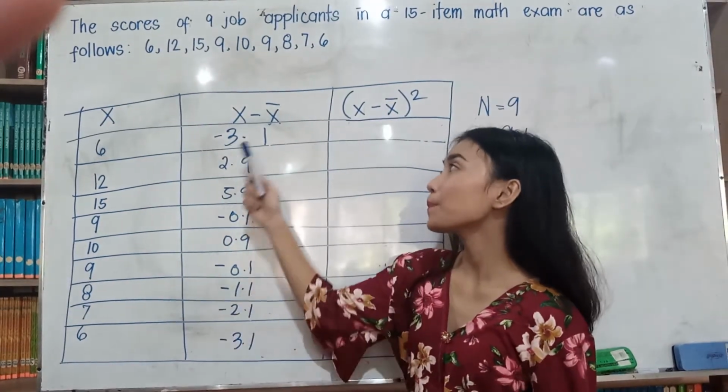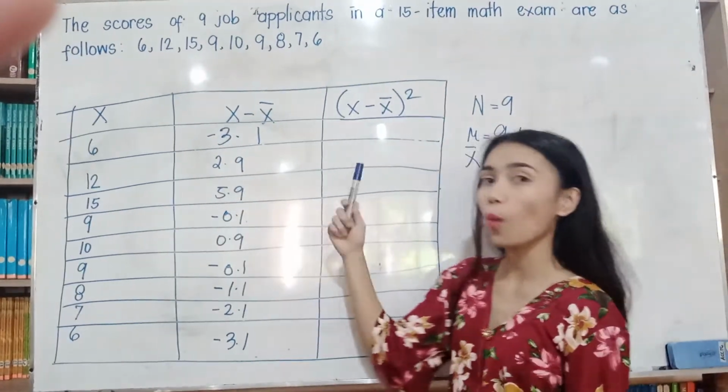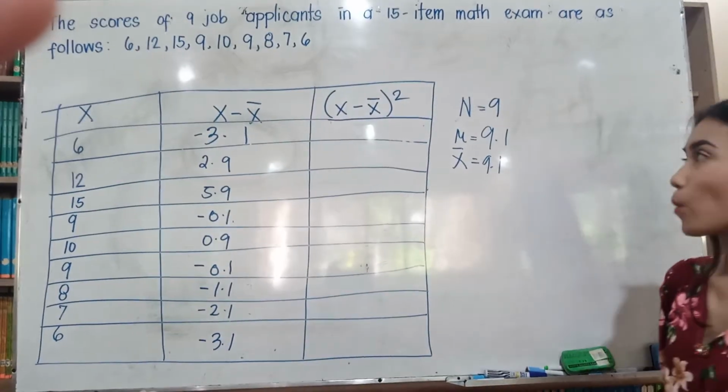So, negative 3.1 times negative 3.1 equals 9.61.